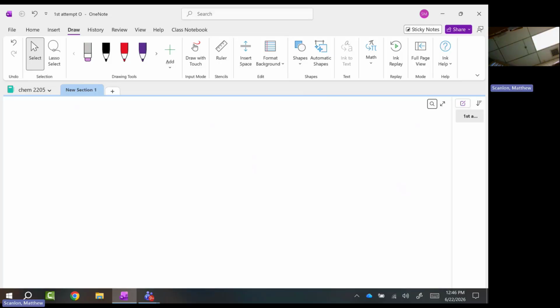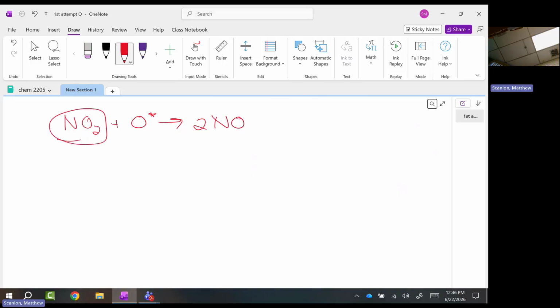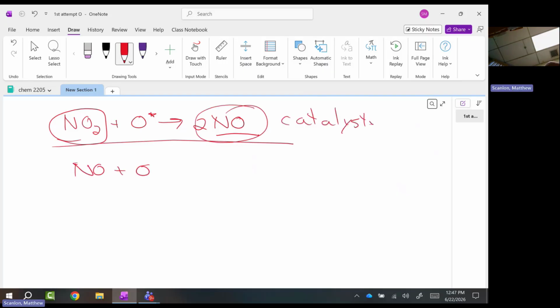Actually, let's give an example of mechanism one. Let's do NO2. NO2 plus O yields NO plus O2. NO2 is a natural part of the troposphere, which gets transported into the stratosphere where it's turned into nitric oxide. So the nitric oxide is our catalyst. NO reacts with ozone to yield NO2 plus O2.